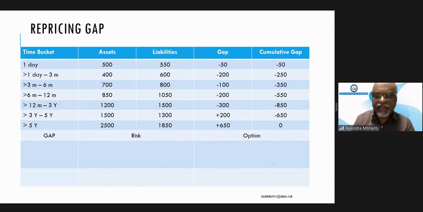Suppose the cumulative gap of 1 year is 550. So if the short-term interest rate of the bank increases by 1%, what will happen to the NII of the bank?